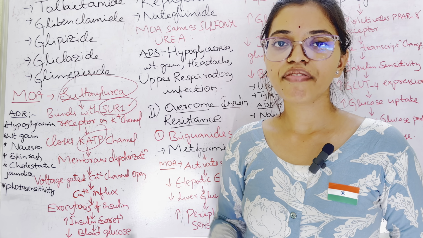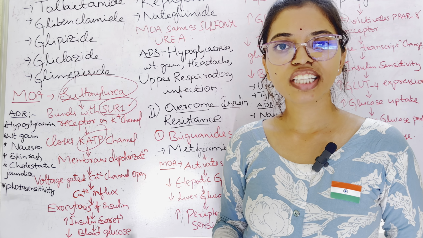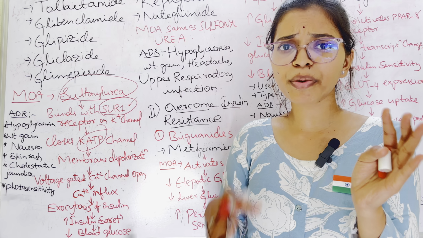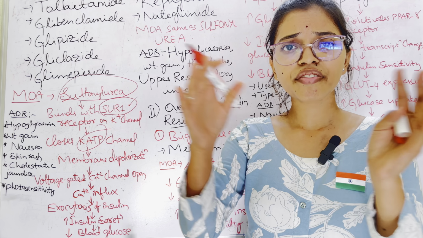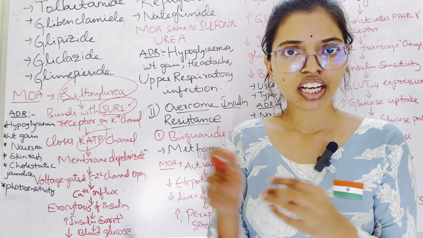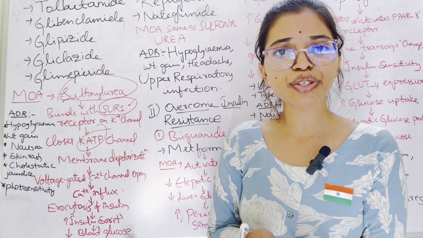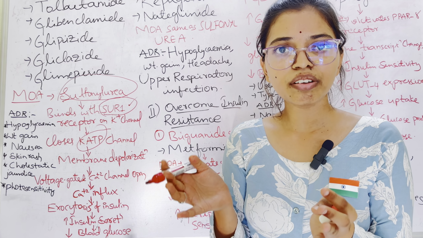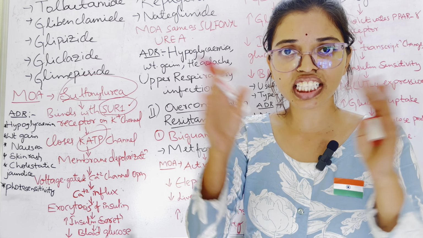Where will the ions be stored? Inside the beta cell. The gate is closed when the drug binds with the SUR1 receptors, so the ions are stored inside the cell.